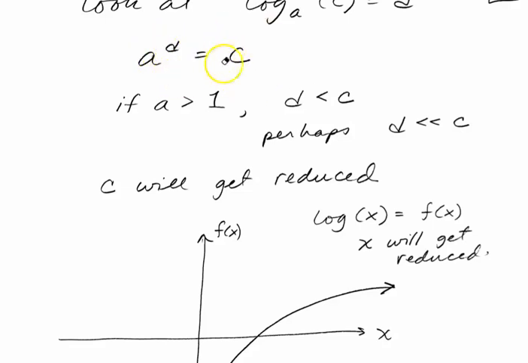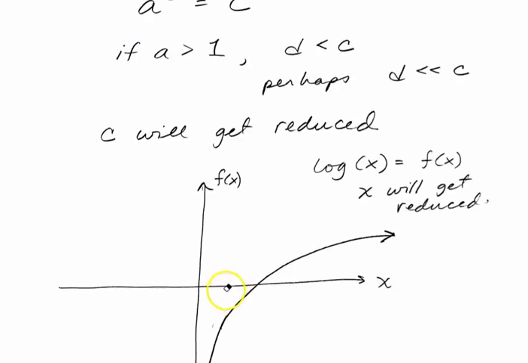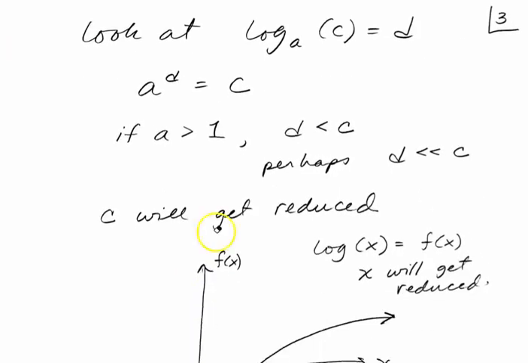If that's really small, like right in here. So that number right there, that value, that's 1. So as the argument gets smaller, then the answer gets very negative. As that gets small, that number has to get very negative to allow that to be true. So just think of your negative exponents right there.